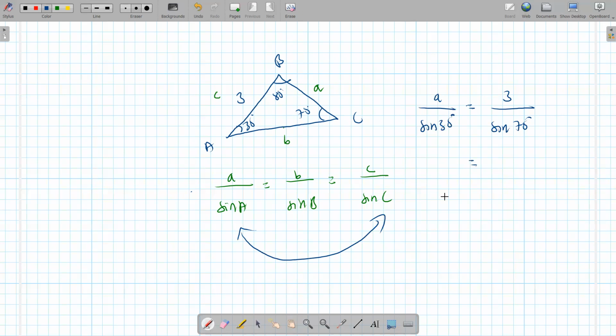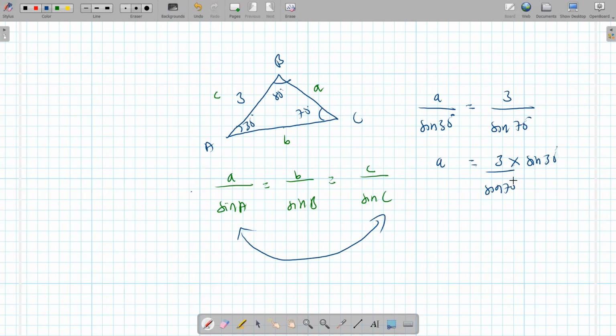What do you do on both sides? You multiply by the denominator, because we're trying to isolate a. So a is going to be 3 times something like this.